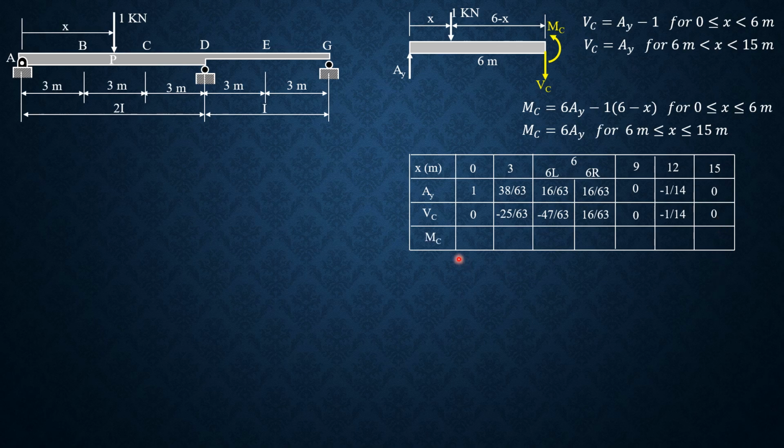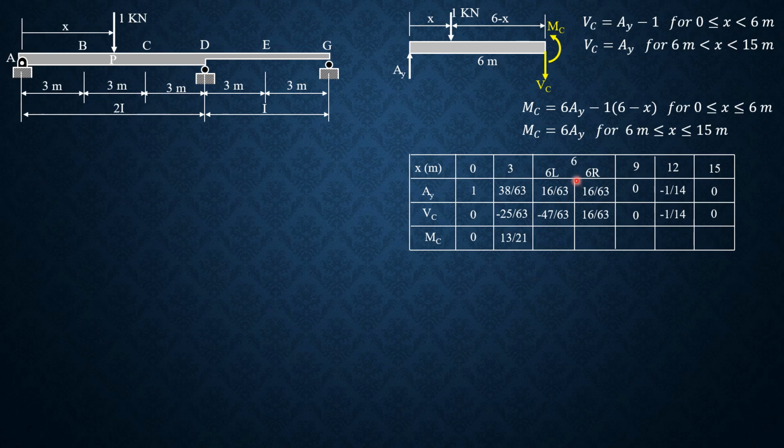So if we include M sub C, summation of moment, this is the applicable equation: 6 times 1 when x is 0, minus 6, is 0. When x is 3, 6 times 38 over 63 minus 1 times 6 minus 3, so minus 3. M sub C is 13 over 21.